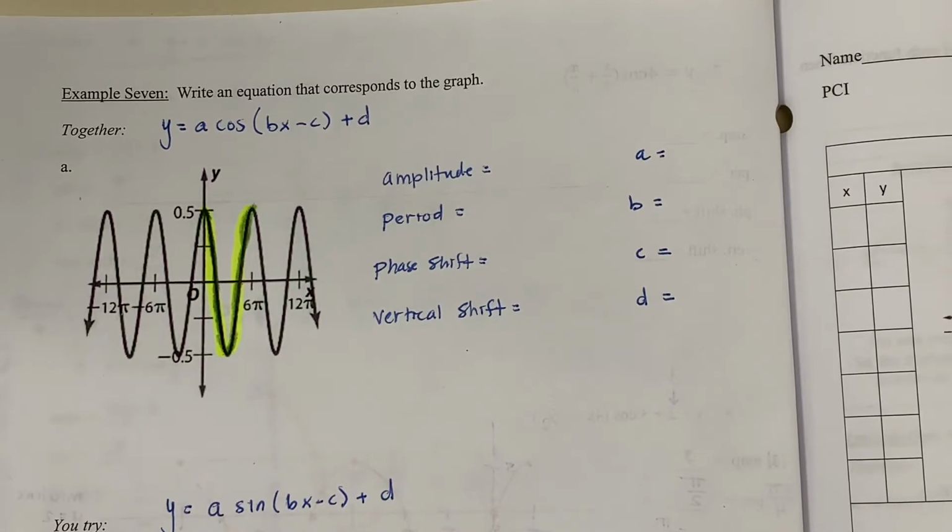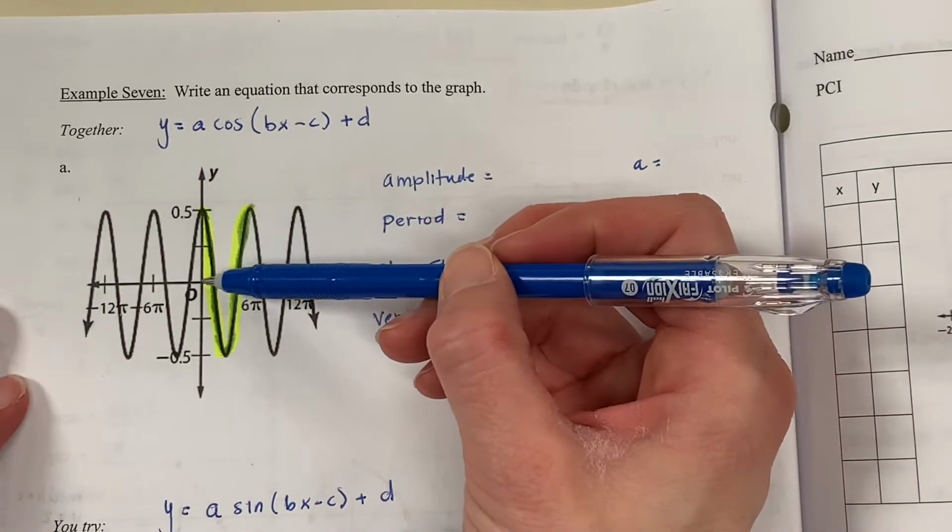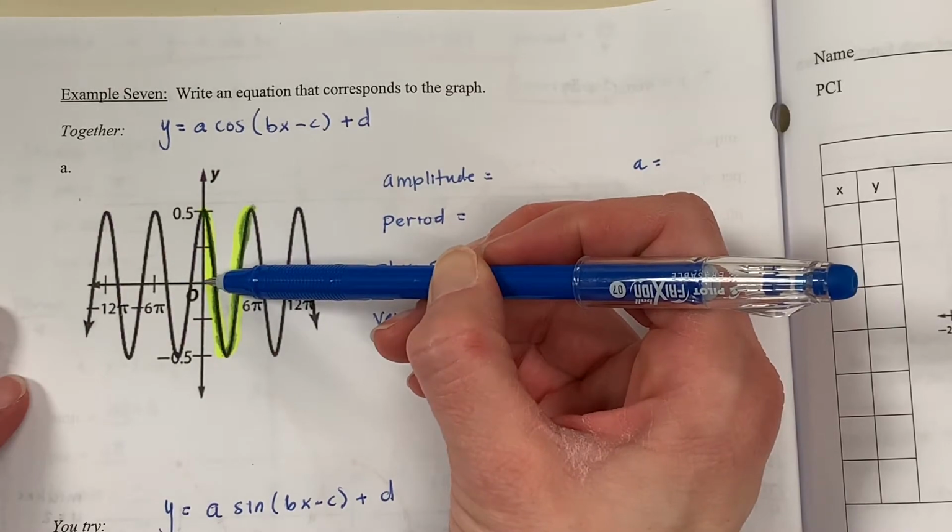Now, in order to write the equation, we need to find the values of a, b, c, and d. But in order to do that, we need to identify the amplitude, the period, the phase shift, and the vertical shift. Now, the amplitude is the distance from the x-axis to a maximum or from the x-axis to a minimum. Here is my x-axis where y is 0.